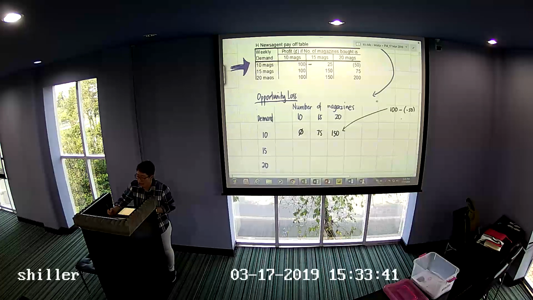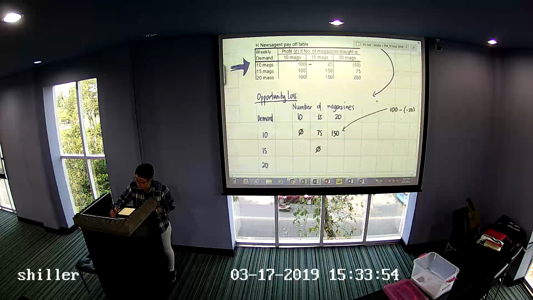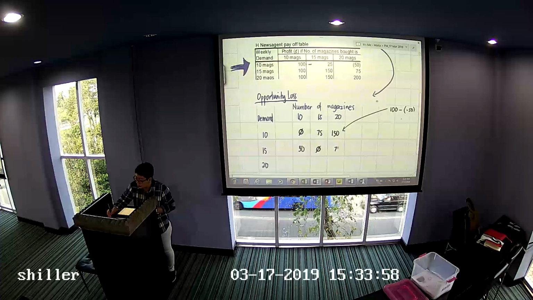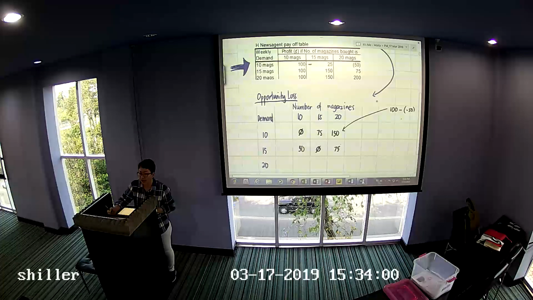Okay, alright. If the demand is 15, what is the best solution? 150, that is 0. So if you bought only 10, what is your opportunity loss? 50, and on the other side, it would be what? 75, okay.